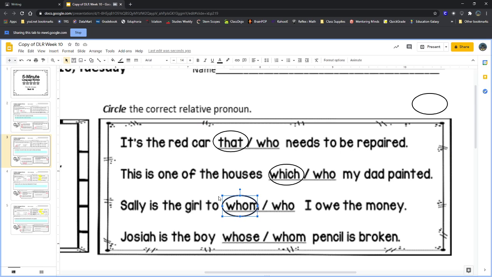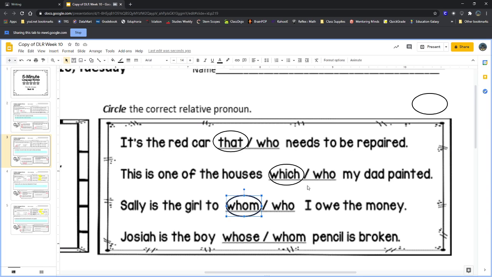If in this case we're talking about owing the money, who do you owe the money to? If you would say him or her, in this case Sally, so we'd say her, we use whom. If you could say he or she, then you would use who.